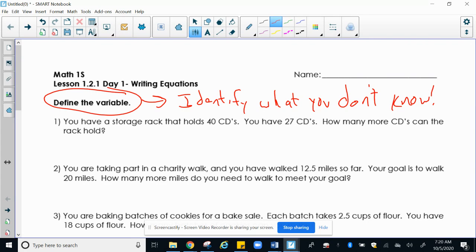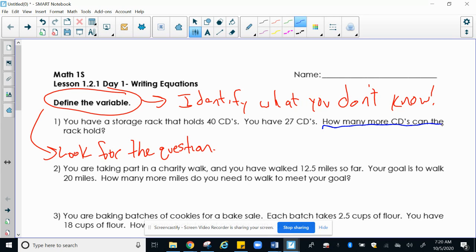So what you want to do is look for the question. Our question at the end said, how many more CDs can the rack hold? Now we just quantify that and put in words what the variable represents.